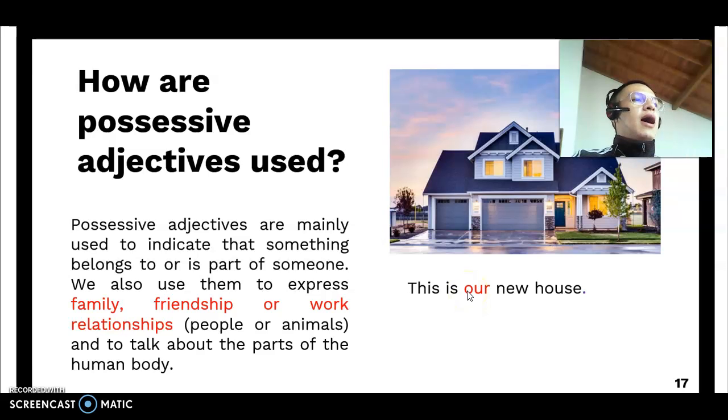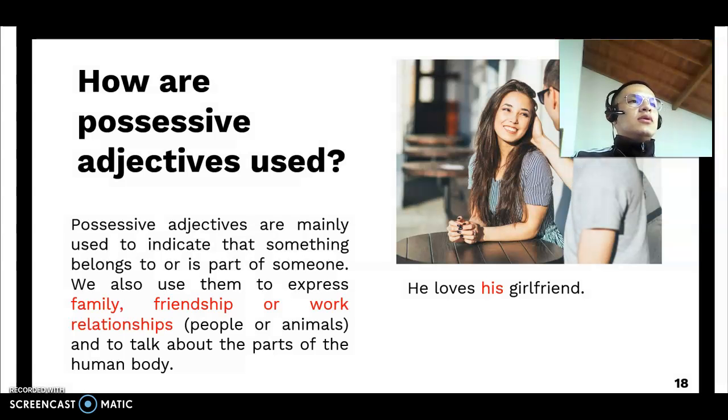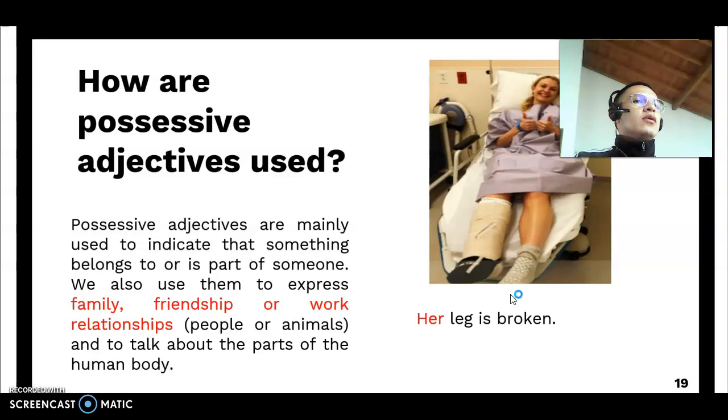So this is our new house. Another example, he loves his girlfriend. Or her leg is broken. Her, because we are talking about a woman.